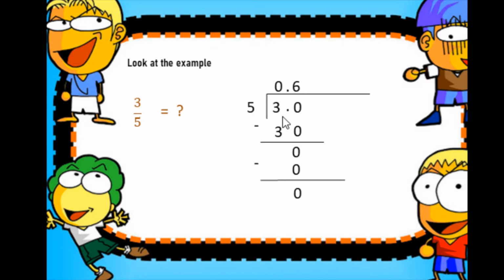That becomes 30 divided by 5 is 6. 6 times 5 is 30. Subtract 30 by 30. You get 0. So, 3/5 when changed into a decimal number is 0.6.